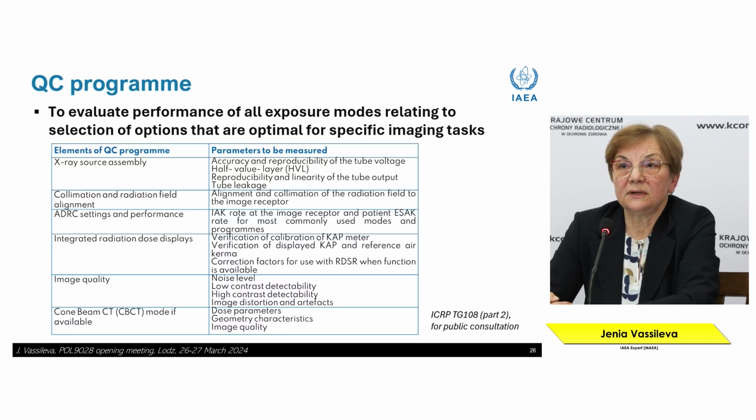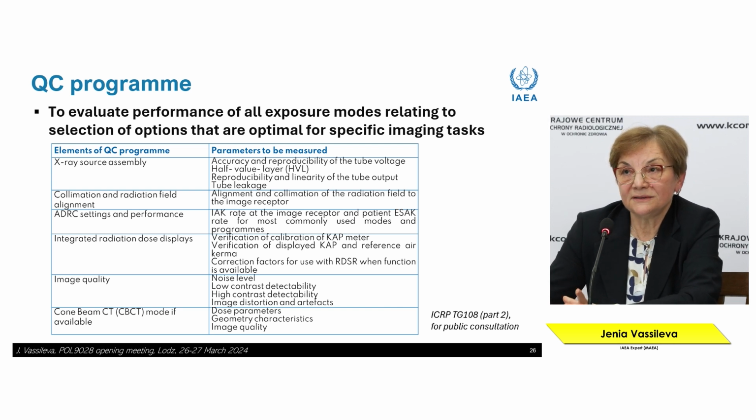Quality control program. This is the key for guaranteeing that the equipment works properly. And this is the role of the clinical medical physicist. This is a table taken from the new publication of ICRP Task Group 108, that will be published maybe during this year.